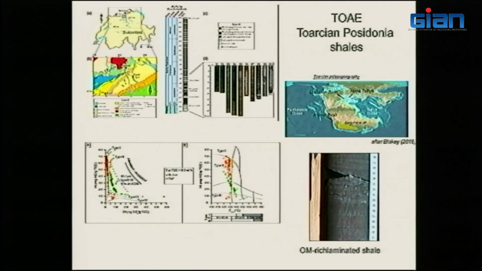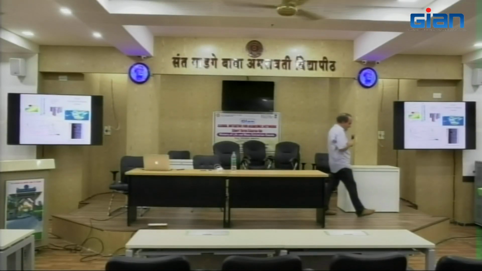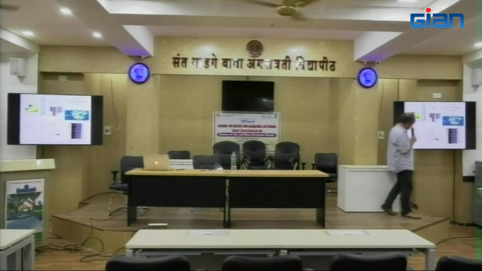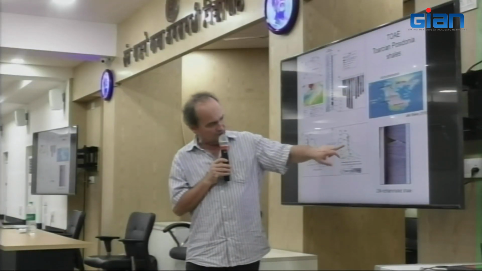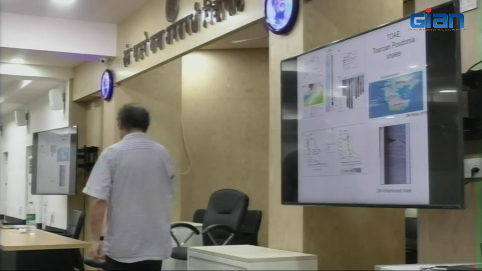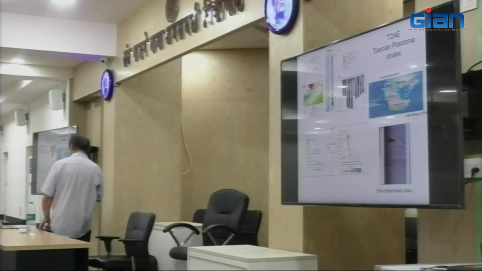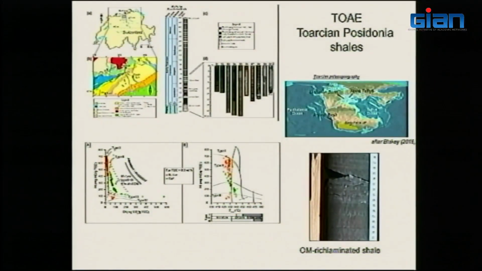So it doesn't look very interesting to follow more on exploration if you get this data. And here you can see that all these points give you an organic matter which is quite immature. So it's not the place where you have to look for petroleum, for example, okay? So it's a measurement of preservation.